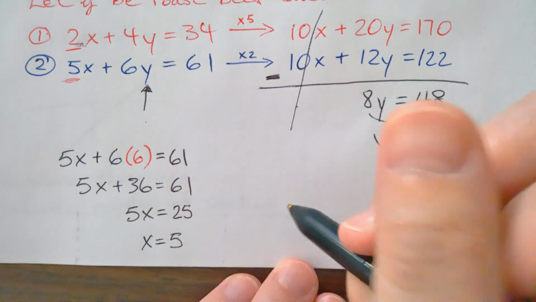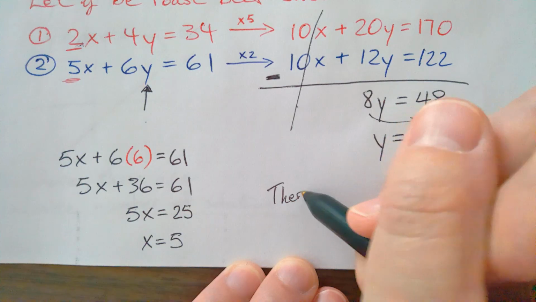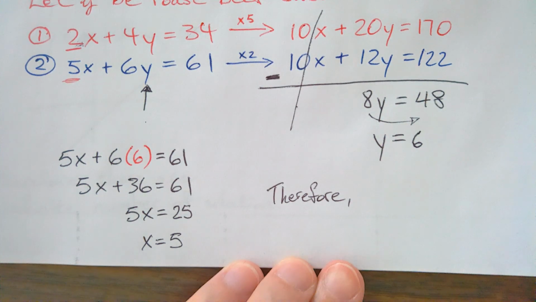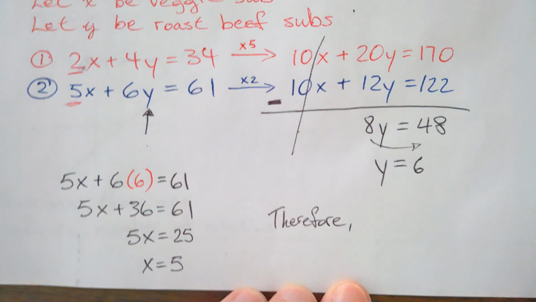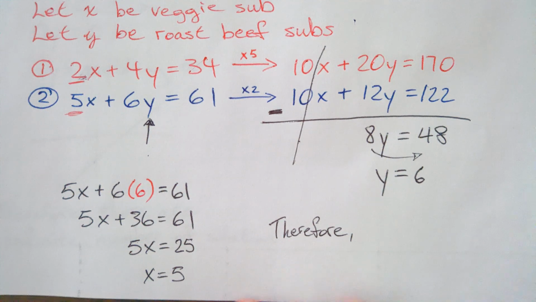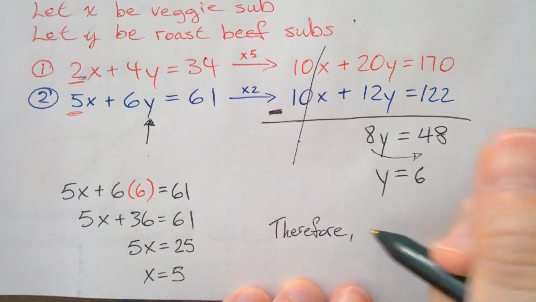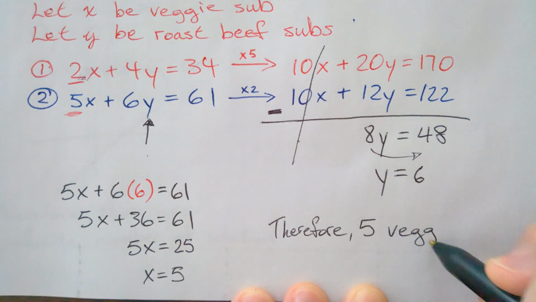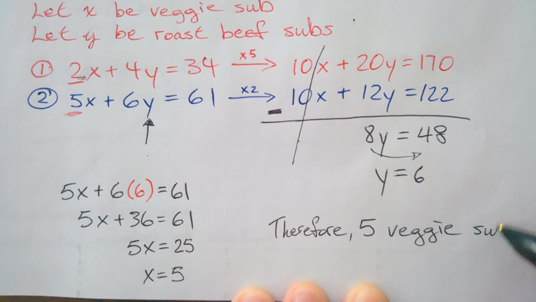Okay. I want my therefore statement. Therefore? X is 5. Y is 6. If you say, therefore x is 5, y is 6, you will not get the mark. Gavin. Therefore, there are 5 veggie subs. What 6 versus what? $5. Yeah.